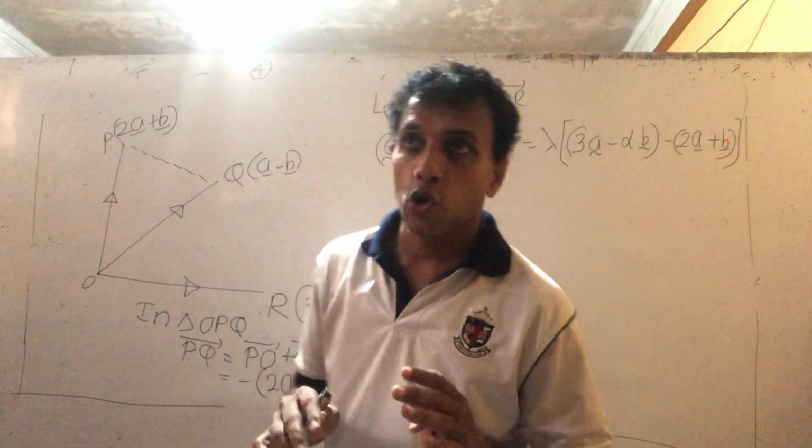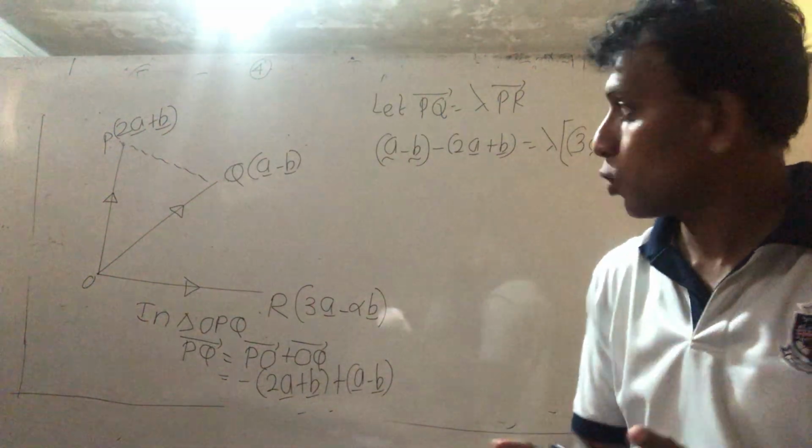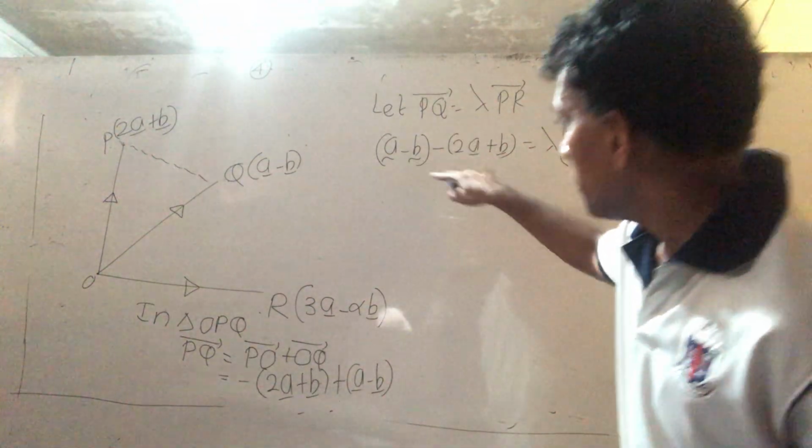Okay, for such a collinear pattern, you take this: let PQ equal lambda times PR. Now simplify.